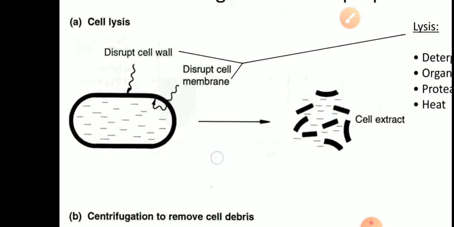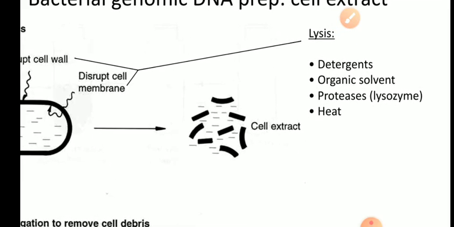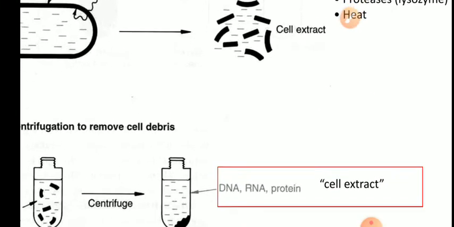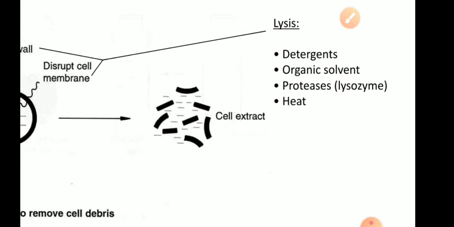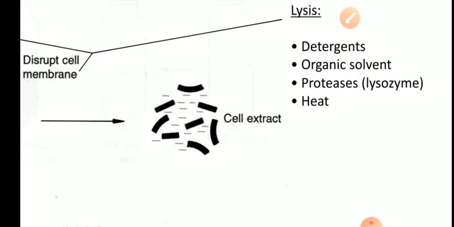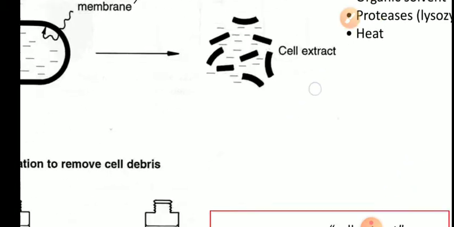So cell lysis disrupts the cell wall and the cell membrane, that is, brings about lysis by using chemicals like detergents, organic solvents, protease, lysozyme enzyme, heating, etc. And what you get is the cell extract, and this cell extract you get in an Eppendorf tube or in a test tube.